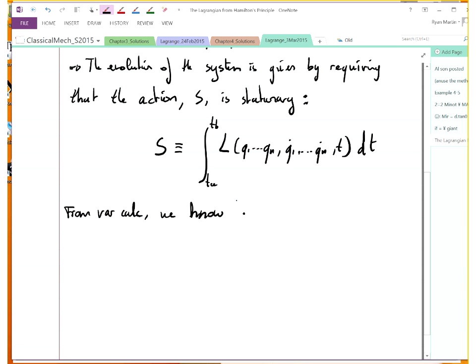So from variational calculus, we know that the Euler-Lagrange equation must be satisfied.